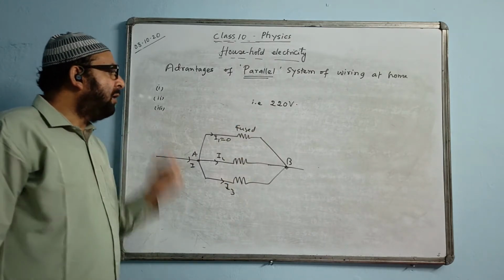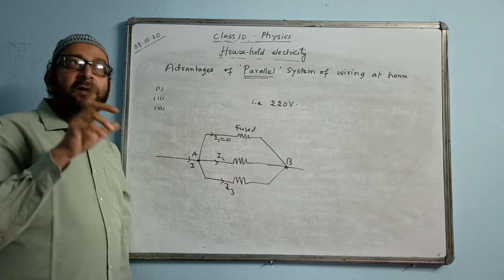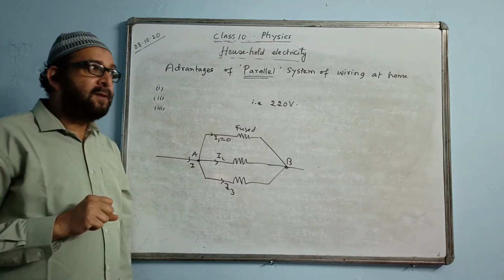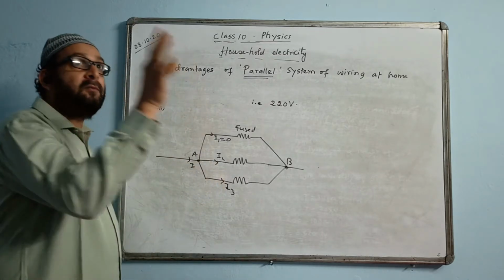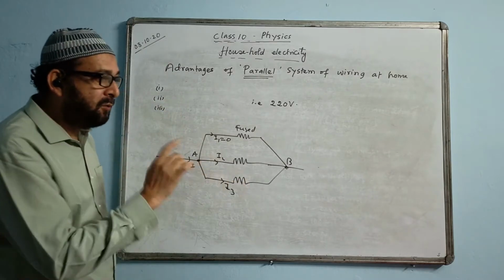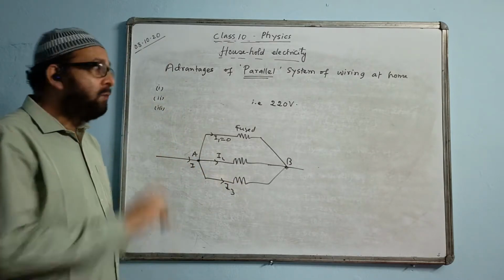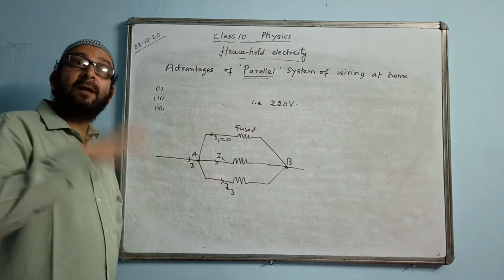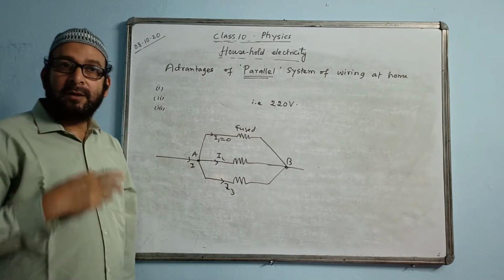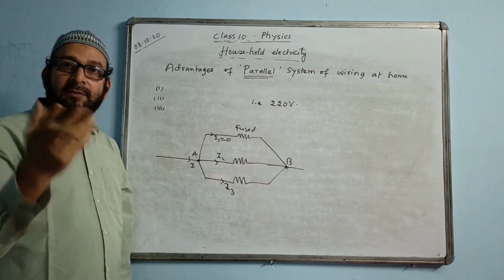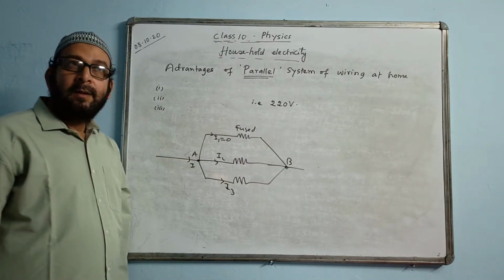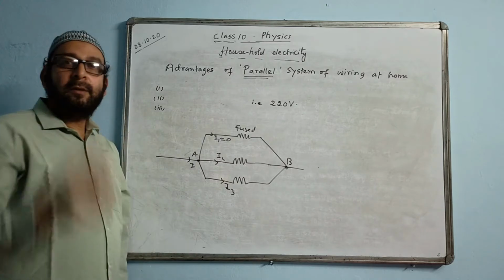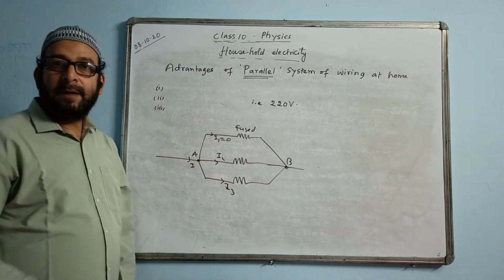Okay. And the third point, we are using the switches independently at home. You must have seen each appliance has its own switch. You want to switch on a particular appliance and keep the other appliance off, that you can do. The choice lies with you. In a particular room, you want only the fan to run, and not the other appliances, maybe the bulbs.